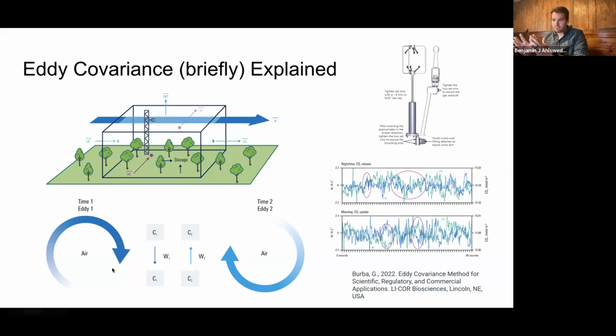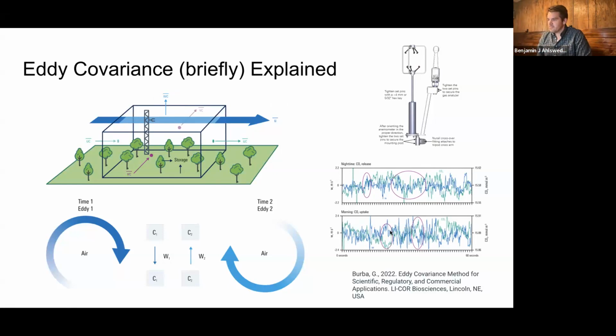And then at time 2, we have the air moving in a different direction, upwards in this case, and then we have a different carbon measurement. And if we co-vary those two measurements, you can essentially infer the movement of that substance in and out of the surface of the system, wherever you've placed your sonic anemometer. And it results in a plot over here on the bottom right.